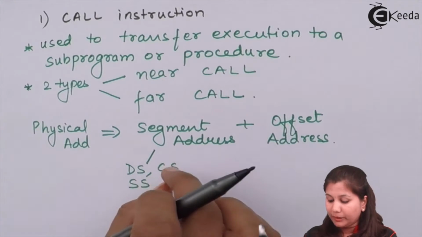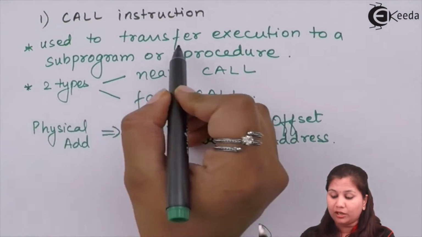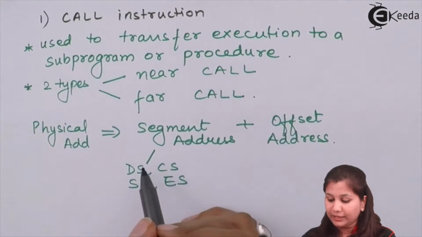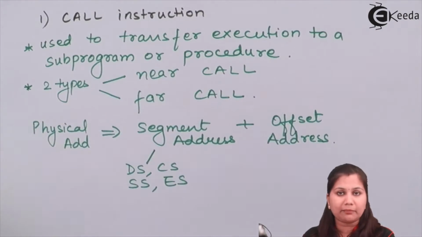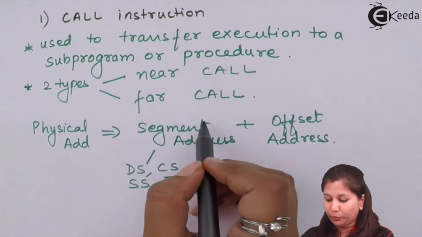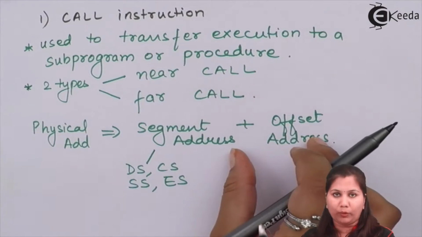It may be possible that the subprogram or the procedure where the control has to be transferred is written either in the same segment or in another segment. If it is written in the same segment, then there is no need to provide the segment address, only the offset address will be provided.